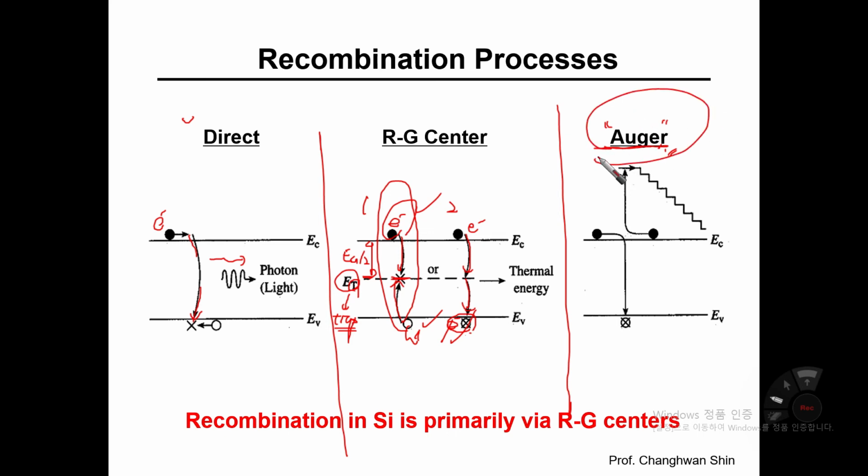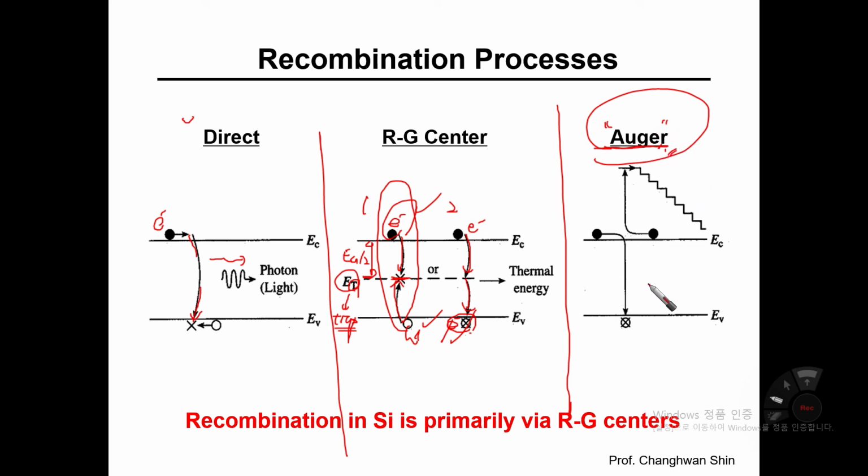But the exact pronunciation of this word is Auger, okay? Auger, again, Auger. So Auger recombination is the last one for the recombination process.